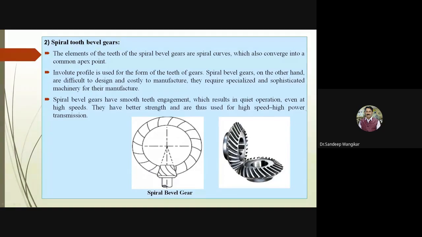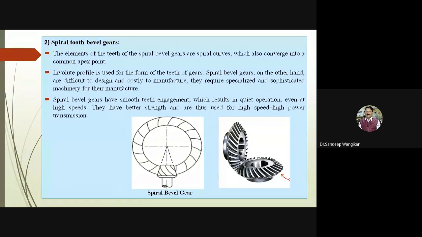The elements of the teeth of spiral bevel gears are spiral curves, which also converge at a common apex point. See here, from the diagram only you can see the teeth, any of the teeth you refer to, are spiral curved.